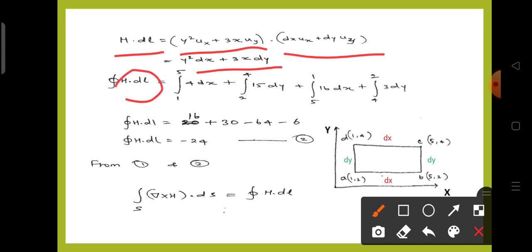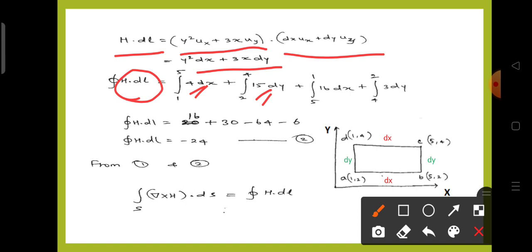Now from the equation, from A to B, y is constant, the value is 2, so y squared means 4. Then B to C, the x value is 5, so 3 into 5, 15.